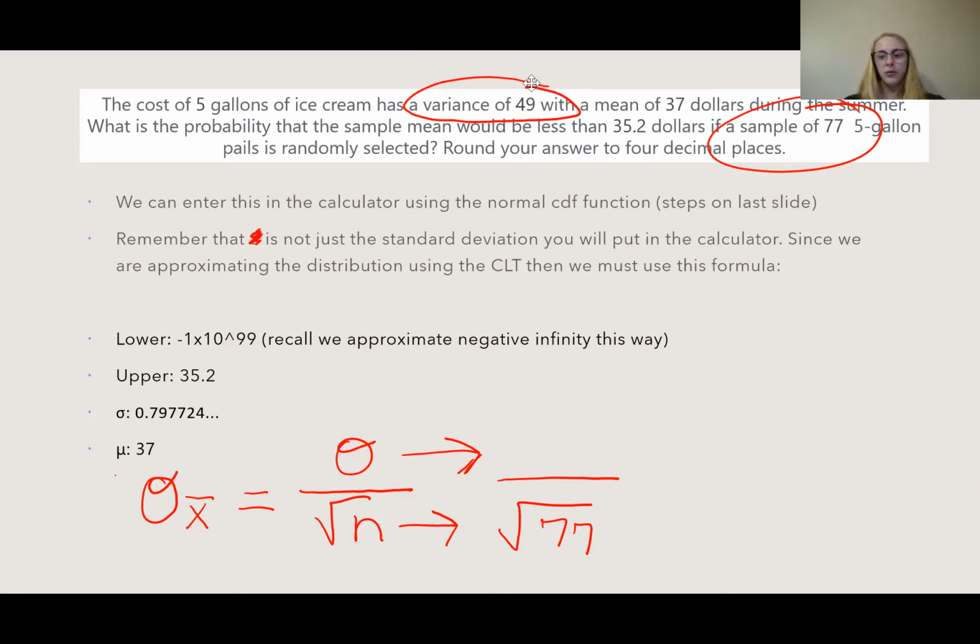Now, a good thing to remember is that variance, I'm going to abbreviate it like that, VAR, is equal to your standard deviation squared. So that's like an exponent 2. It's not going to be like the number times 2. It's going to be the exponent 2.